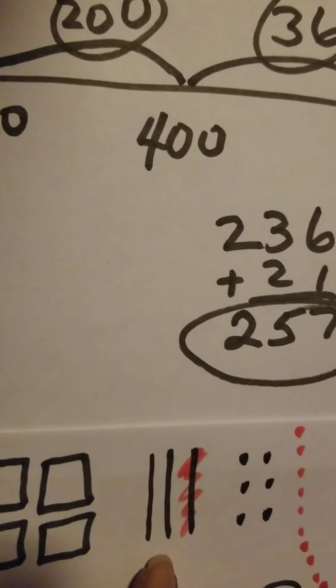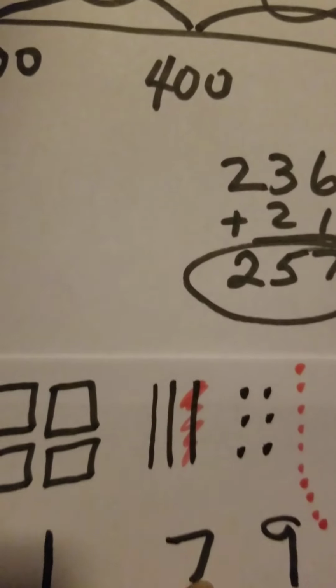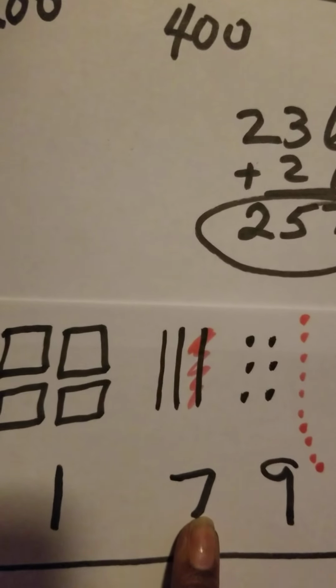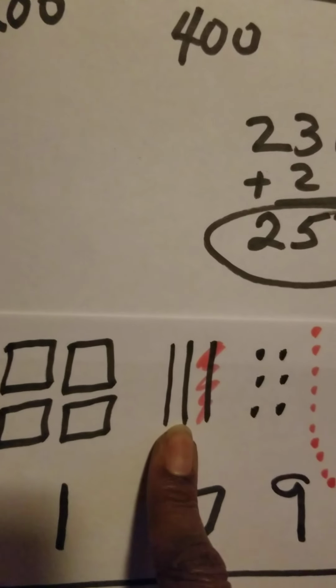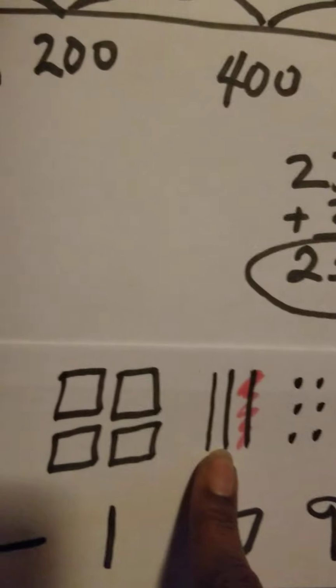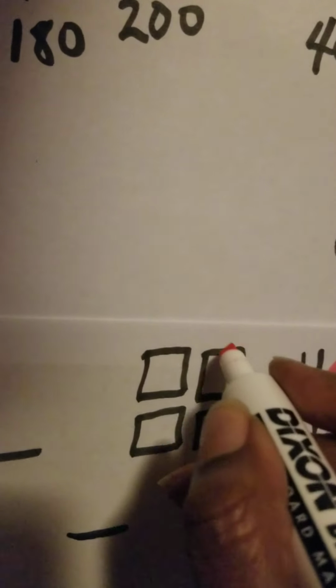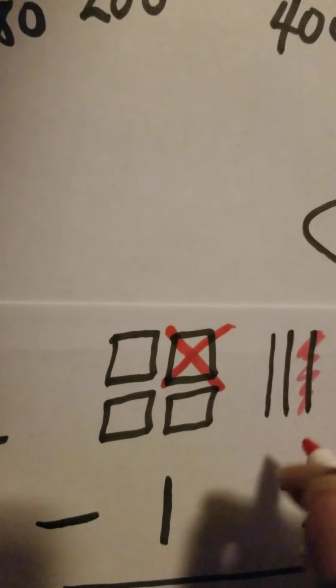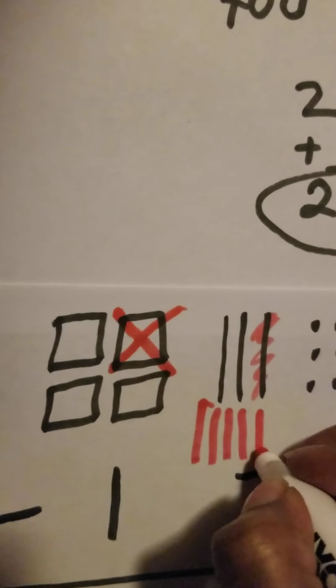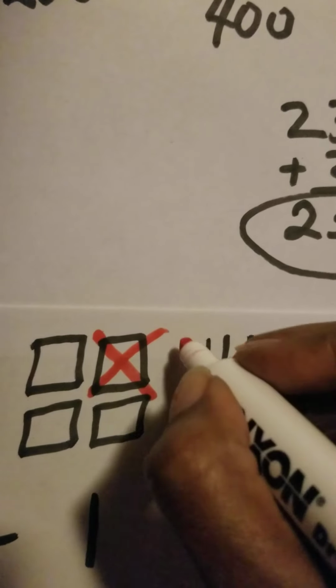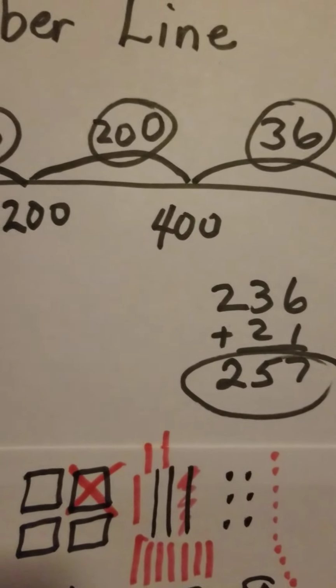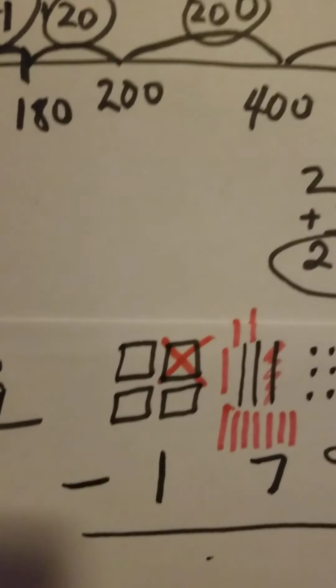And again, we don't have enough to take 7 away, we only have 2 tens. So then we have to go over here to the hundreds. So we get rid of one of these hundreds and we're going to make it into 10 tens. Add 10 there. So now we're ready to subtract.